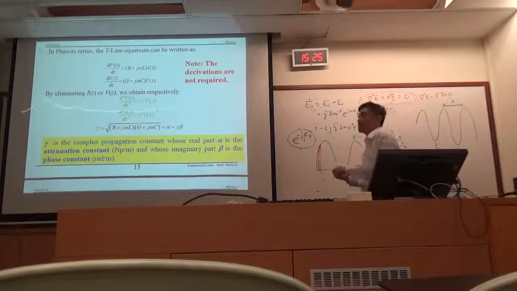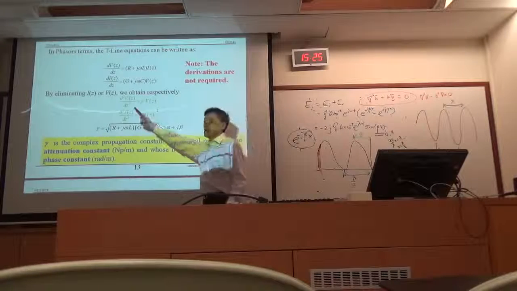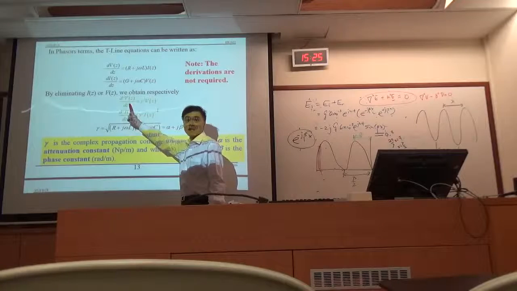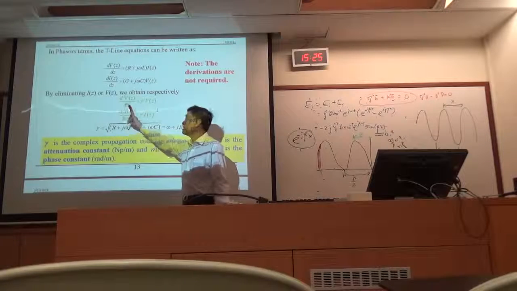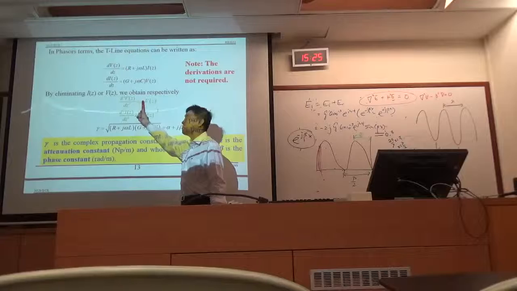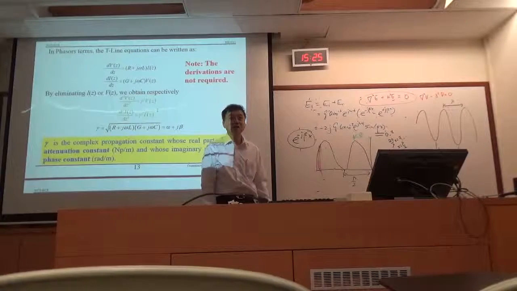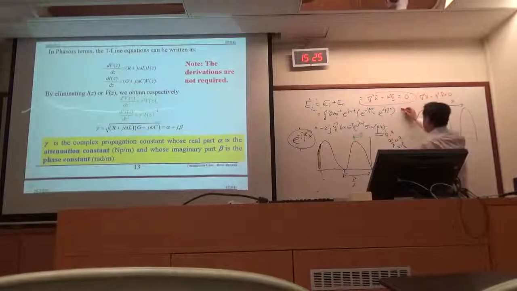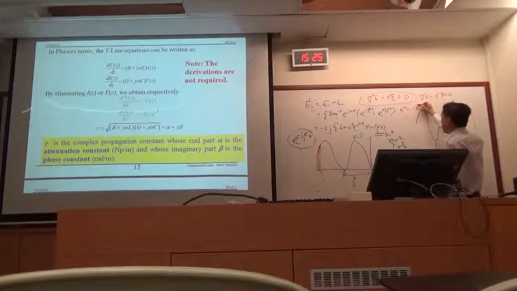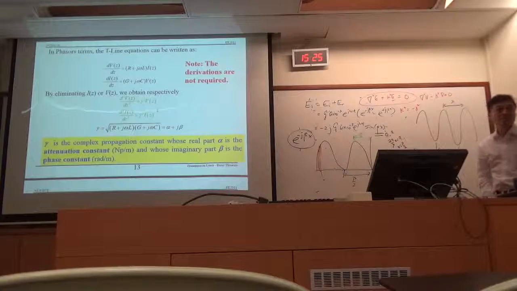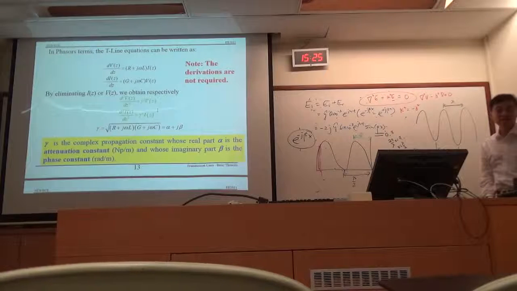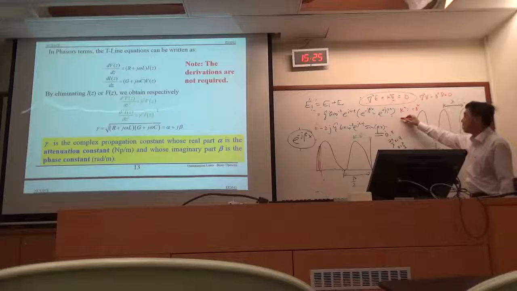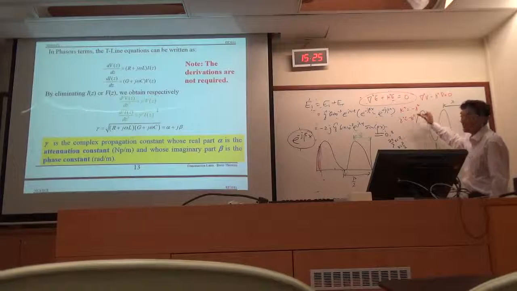Can everybody see that? It means that K squared is equal to minus gamma squared, or gamma squared is equal to minus K squared.